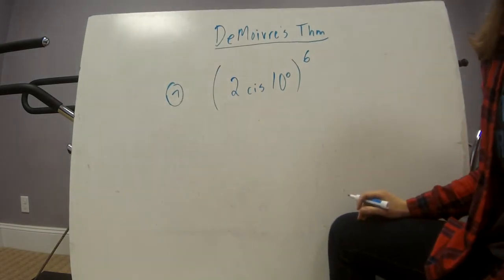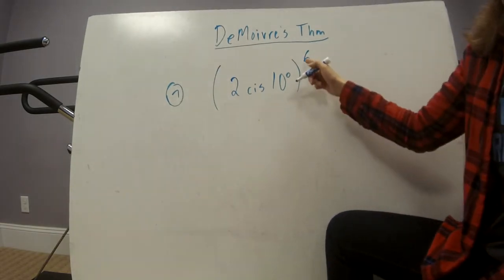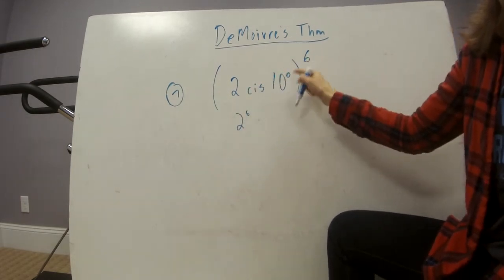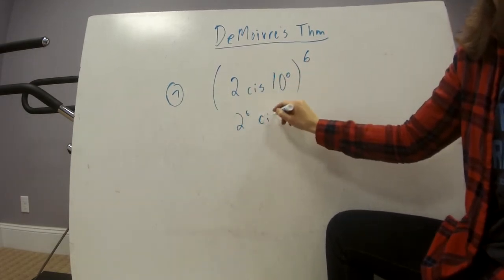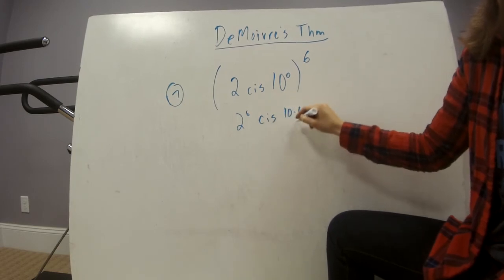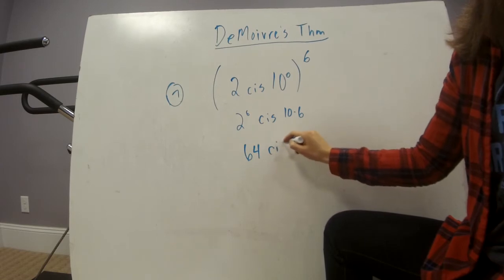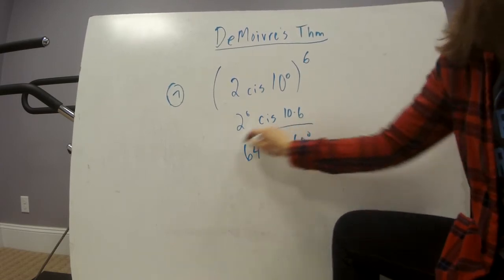Well, basically de Moivre's theorem is saying that you can essentially put this 2 to the 6th and then take 10 times 6. So it'll become, I believe that's 64 cis 60 would be your final answer to that.